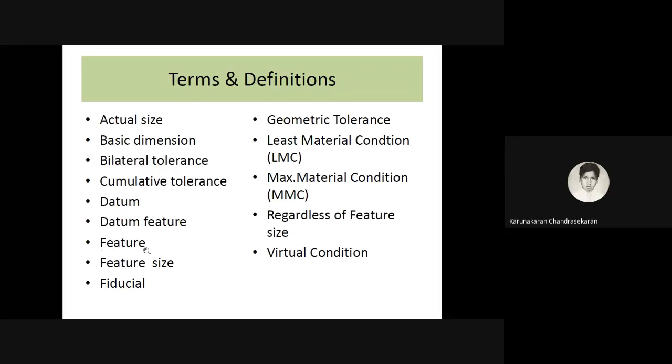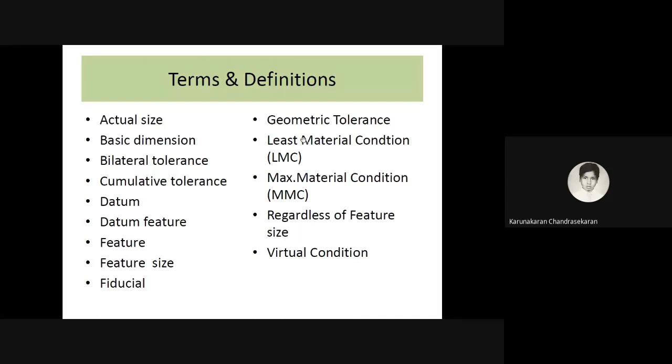What is a feature? A feature is nothing but an engineering component definition, and feature size, and fiducial silk mark of a PCB, and geometric tolerance, different types of geometric tolerances, whether it's cylindrical, whether it's a plane, parallel, and so on. And what do you mean by least material condition, maximum material condition? This too is very important as far as PCB design is concerned. Very often you will encounter LMC and MMC in the PCB drawing, and regardless of feature size, and virtual conditions.